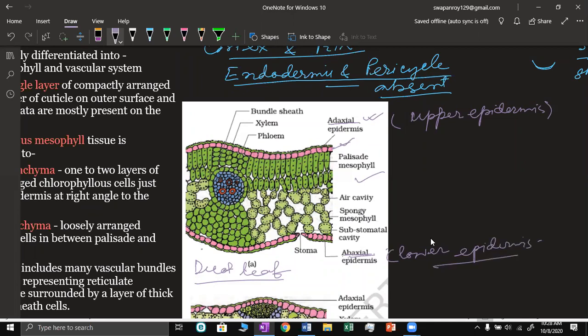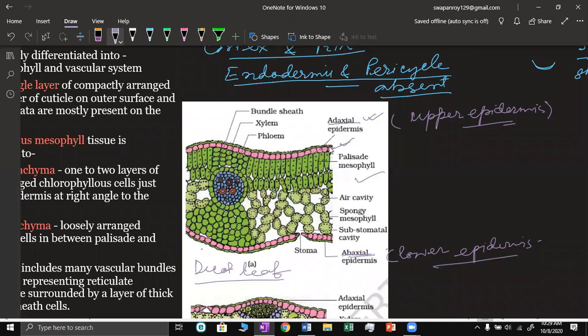Like with the stem, here also sometimes in the epidermis we can get trichomes. Some of the leaves have trichomes, others may not. But there is another thing that is present, the cuticle. This pink one is the epidermal layer.